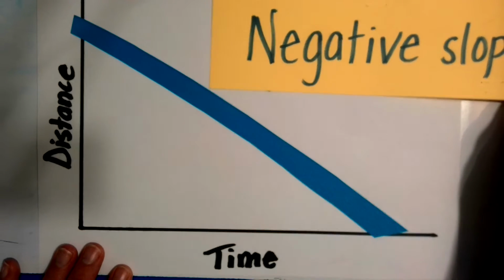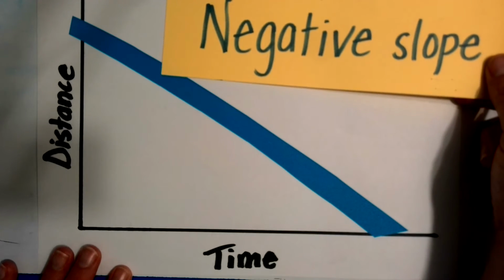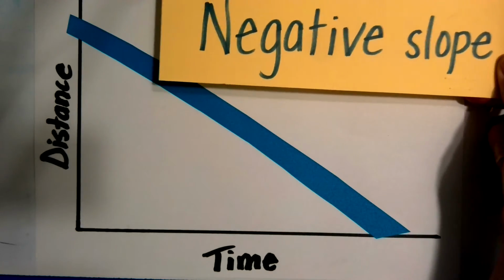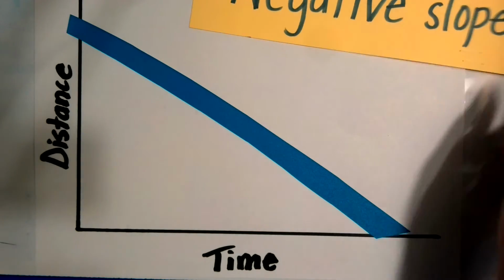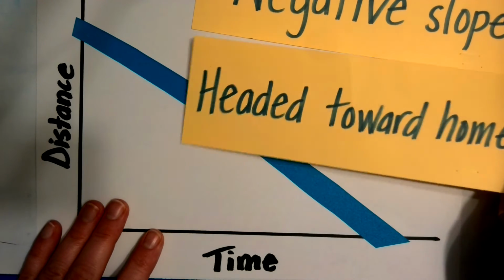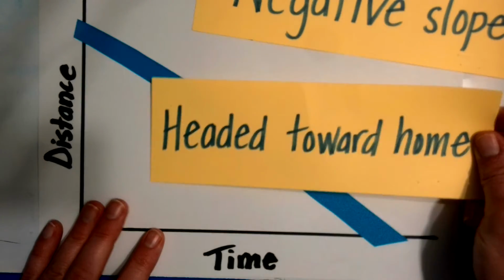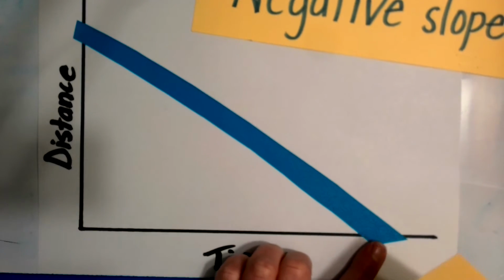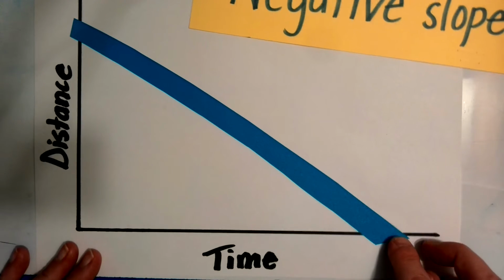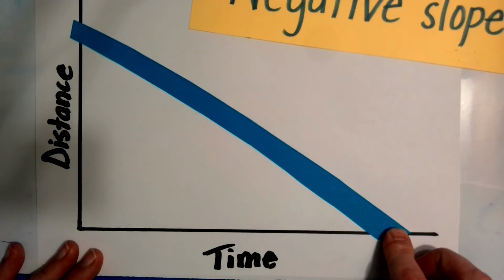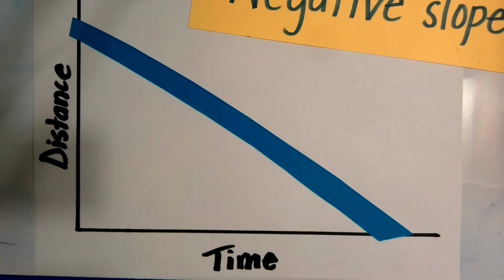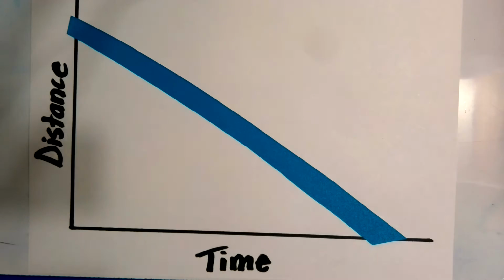And you may notice this from our previous units and looking at slopes that had the same angle, we call them negative slopes. You might also say in this situation that you are headed toward home because your distance is decreasing over time. So when your distance from home is zero, you're at home. Yeehaw. So negative slope, headed toward home.